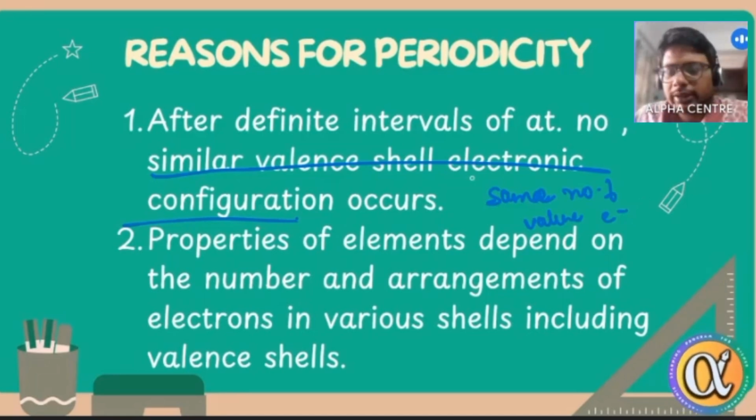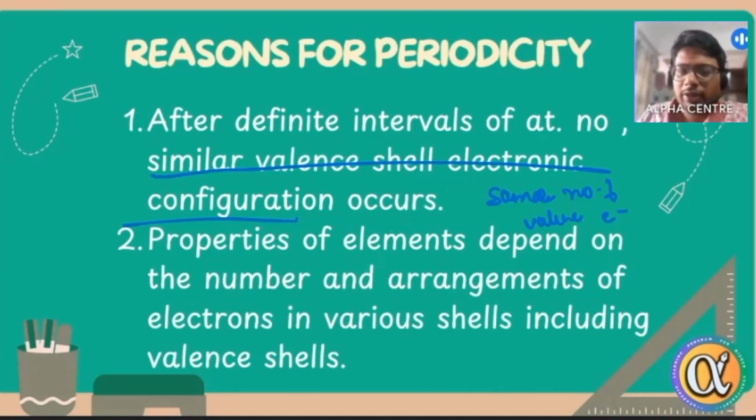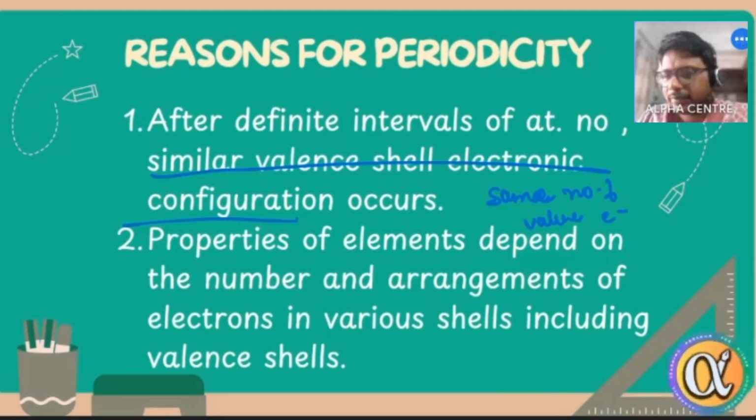That is one reason there's periodicity in property, because properties depend on valence electrons. Properties of elements depend on the number and arrangement of electrons in various shells, including the valence shell. So that is also responsible for periodicity.